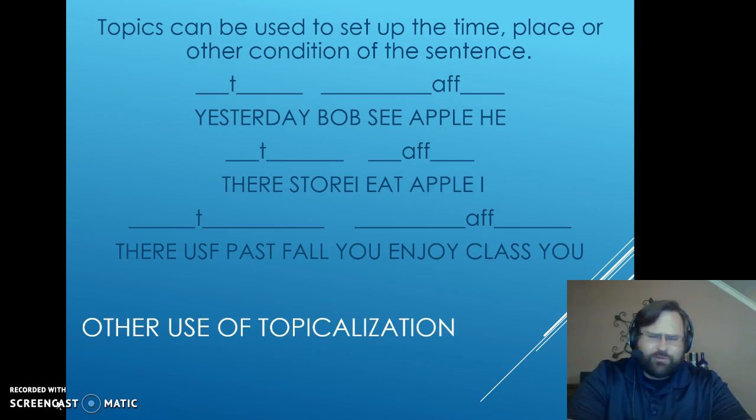Topics can also be used to set up additional information that's not already a part of a sentence. For example, to establish the time that something happened, or to establish the location that something happened. So you might have something like this.